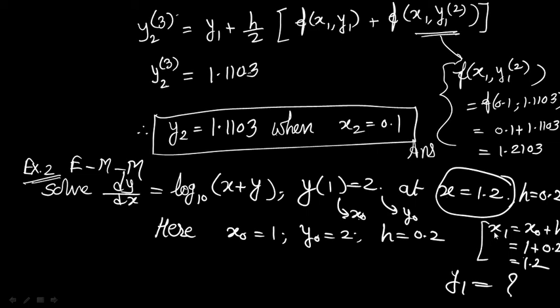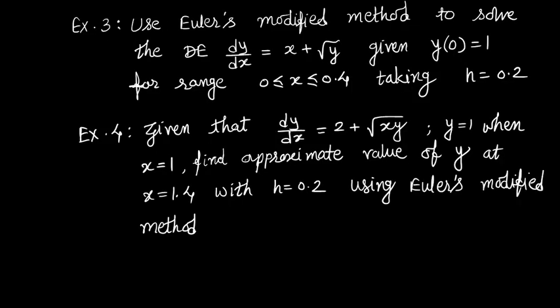Now x1 equal to x0 plus h, therefore 1.2. Here we have to find this value. For this we get the y1 value, therefore we have to do only one iteration here. In this way we decide how many iterations we have to do for finding the required result of the given problem. Now, these are the practice problems.